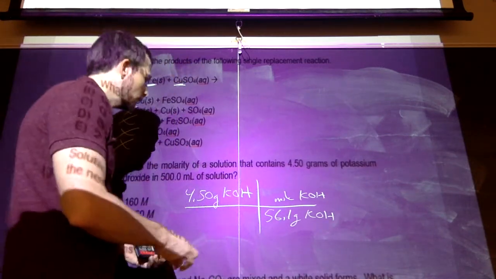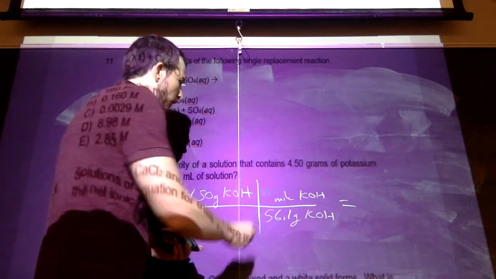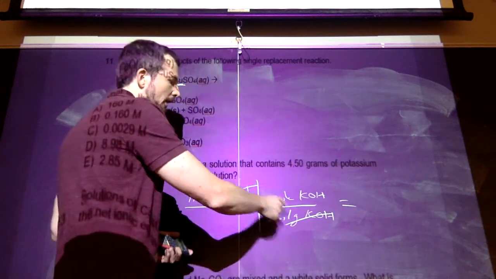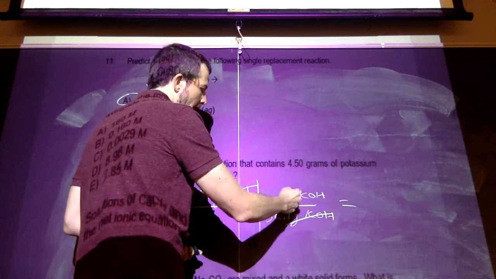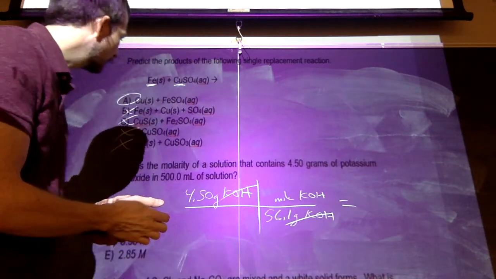So 4.5 divided by 56.1. I put the molar mass on bottom so the grams will cancel out, and I'll be left with my number of moles.